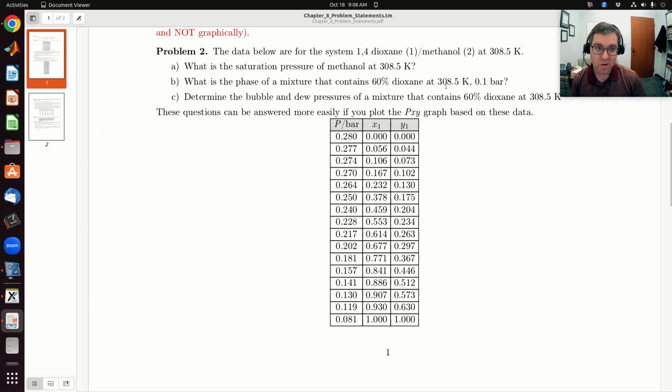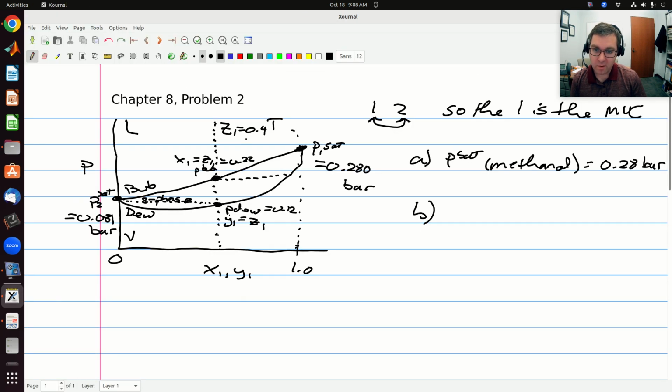So without even solving anything, since we're told our system is going to be at 0.1 bar, that 0.1 bar is less than P dew. So we're going to be down here in the vapor phase. Okay. So for B, I know we're going to be in the vapor. Okay. But we'll go ahead and compute P dew and P bubs when we hop over to MATLAB. And then we can confirm that 0.1 bar is less than P dew.